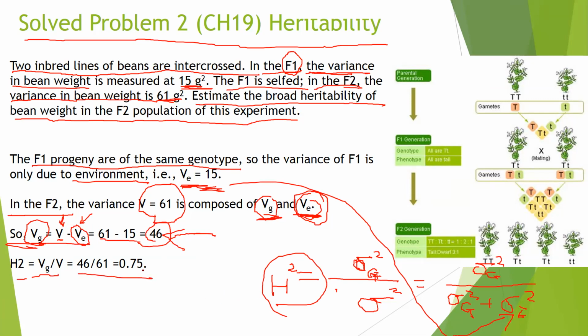And the heritability for this trait is pretty high, 75%, which means if you see the variability in this trait in the population, 75% of the variability can be explained by genetics. Right? So this is how we understand this.